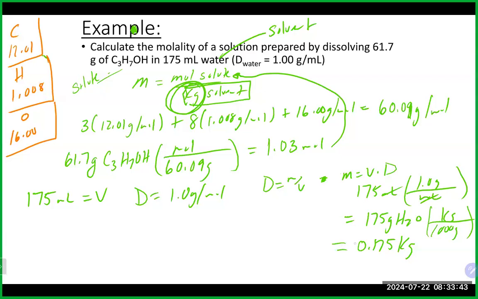Now we have it in the correct units for the bottom part that we need. All that's left is to put it in there. So 1.03 moles divided by 0.175 kilograms looks like 5.87, we'll call it.